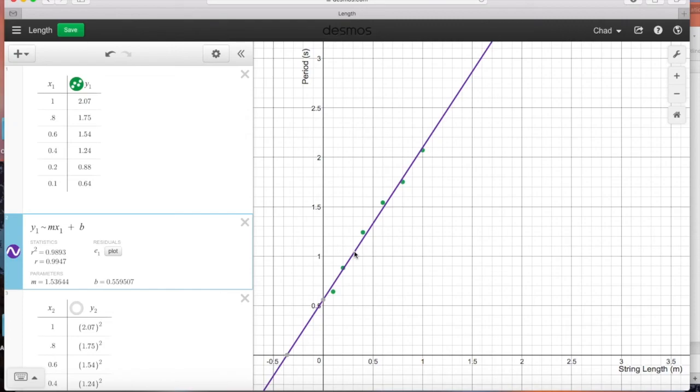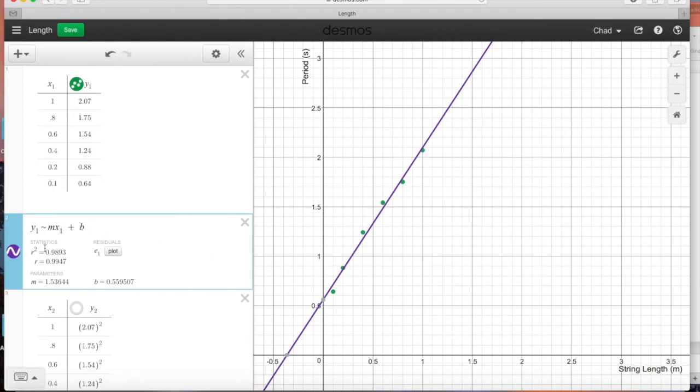And that is how it works. The slope is defined as rise over run. How far up do you go divided by how far over do you go? Rise over run. It's a relationship between the y's and the x's.